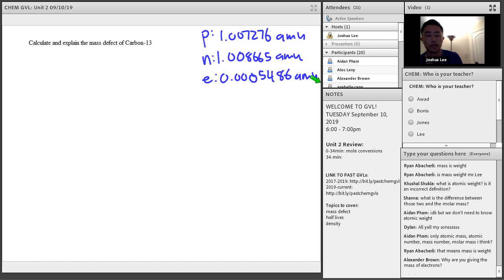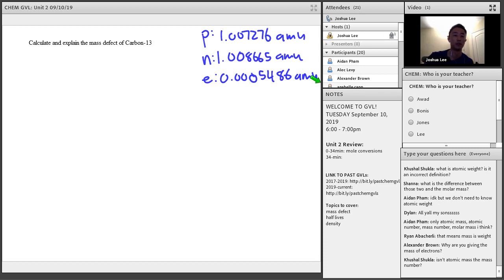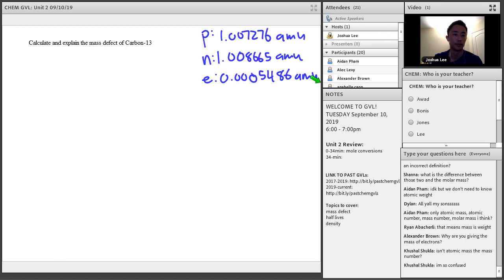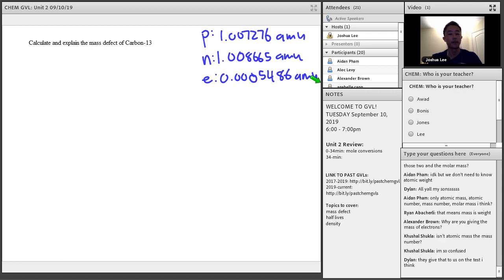So that you can find the mass defect. So find the mass defect. Oh shoot, I don't even know the actual mass. Good old Google time. Actual mass.